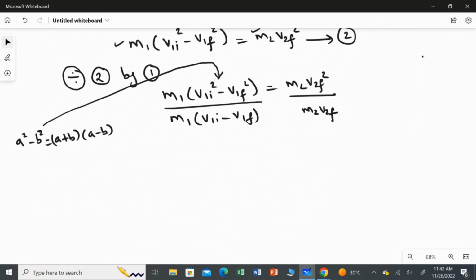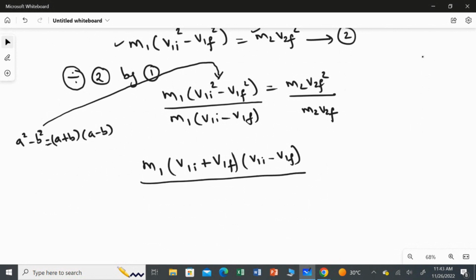So by that, the above equation will become M1 (V1 initial plus V1 final) multiplied by (V1 initial minus V1 final), divided by M1 (V1 initial minus V1 final).